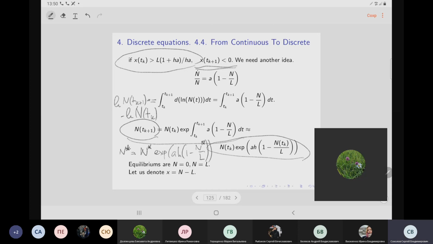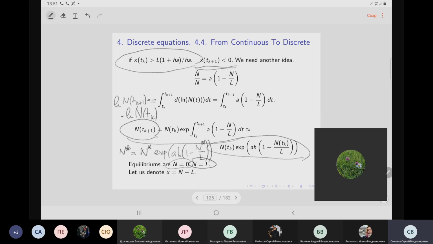We can see that the first equilibrium is a trivial one, n equal to 0. And the second, if n is L, then our exponent becomes 1, and the left-hand side is equal to the right-hand side. So we have two equilibriums as in the continuous case, the same.